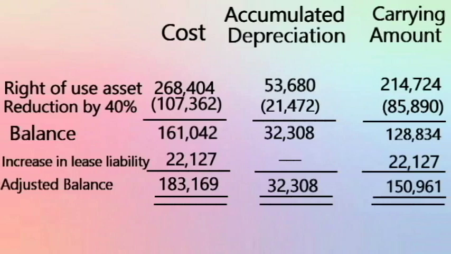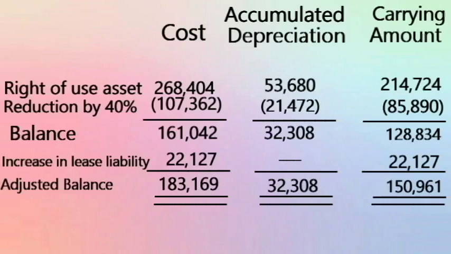So, diba nga nagkaroon ng bawas sa paggamit ng floor space. So, itong mga values na to is ita-times natin siya sa 40% para makita natin yung reduction. So, 268,404 times 40% is equals to 107,362.